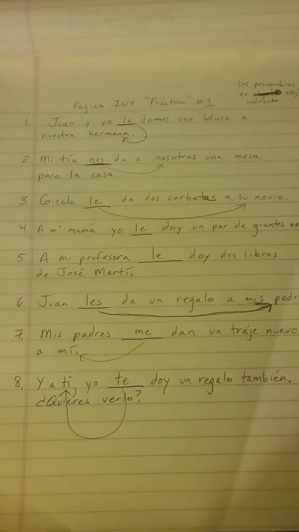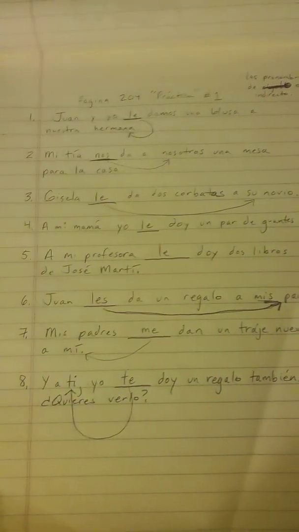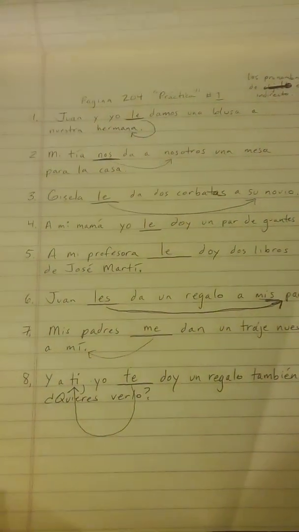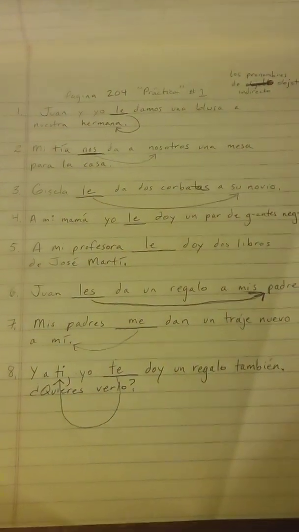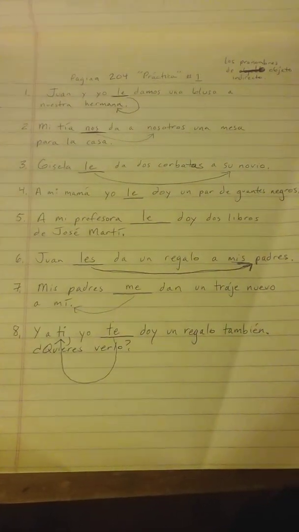Gisela le da dos corbatas a su novio. But I've heard Gisela as well. Any one of those. But I think the preference would be Gisela. Gisela gives 2 ties to her boyfriend.